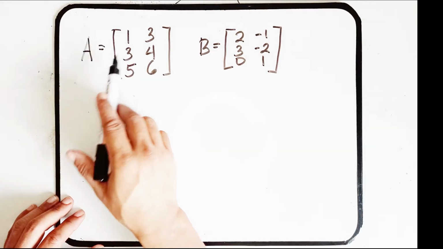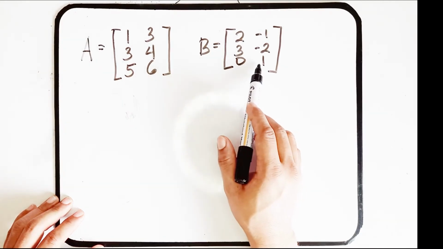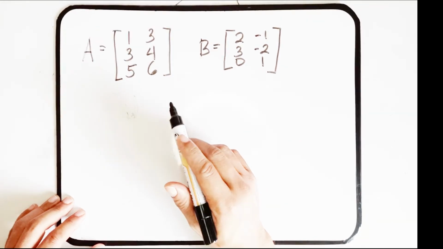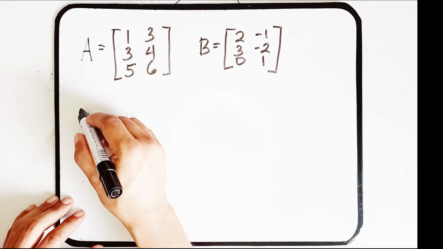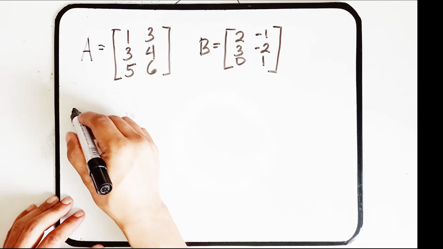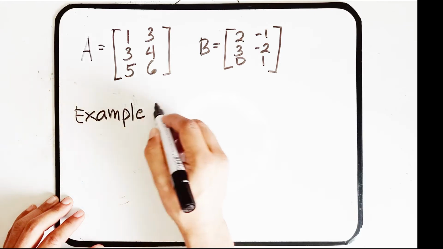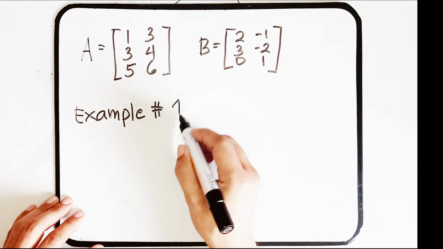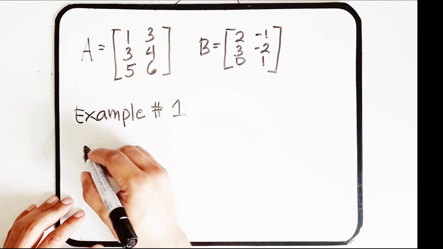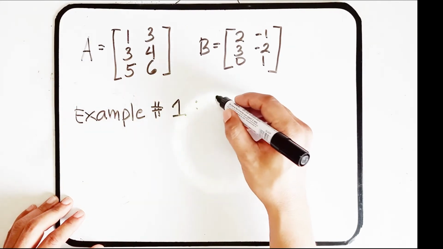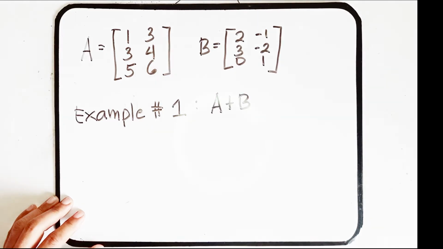Matrix A has these elements, and matrix B contains these elements. Okay, so for our example 1, using these matrices, what we will do is add matrix A to B.